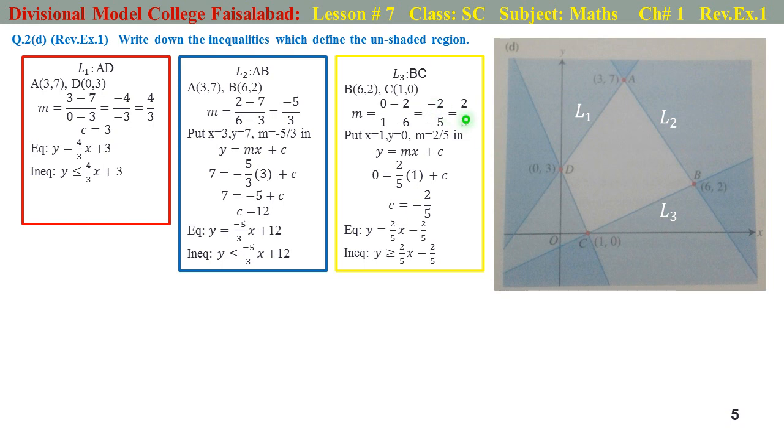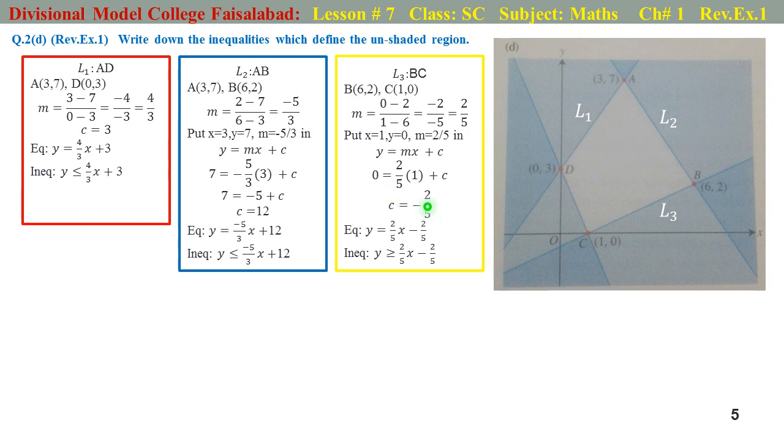Now we will put this value of m and the coordinates of any one point in y is equal to mx plus c. Because this point has y as 0, we will use this, which will make our calculation easy. Putting x is equal to 1, y is equal to 0 and m is equal to 2 over 5 in this equation, we get the value of c, which is minus 2 by 5.